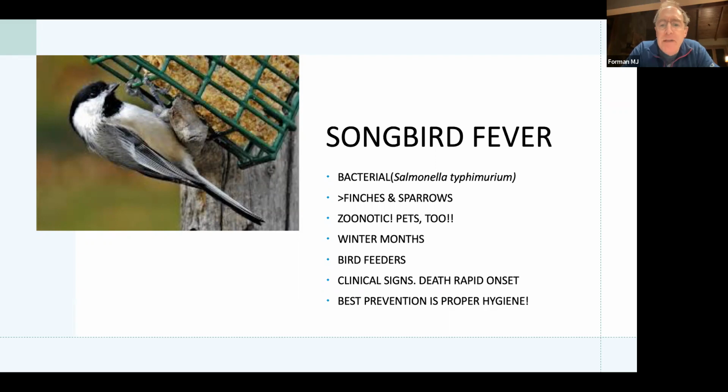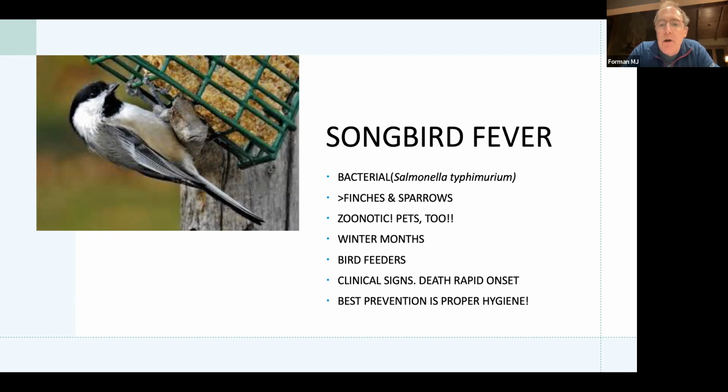Not only from feeders, but also from the seed that drops on the ground from a feeder, or if you have a multi-tiered feeder where the birds can defecate on the feeder or on the ground, and then you have ground feeding birds, as we all have, and they're down there foraging for seed that's fallen and may have been defecated on by another bird.